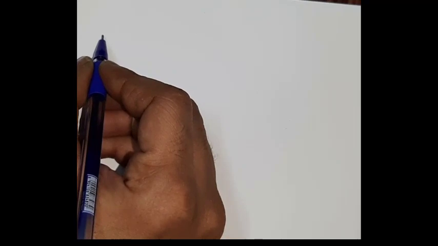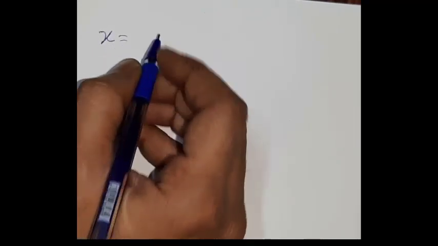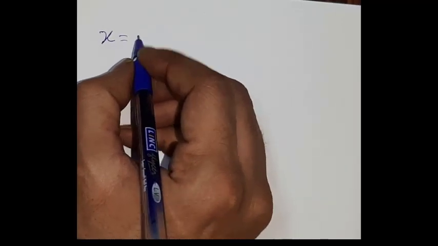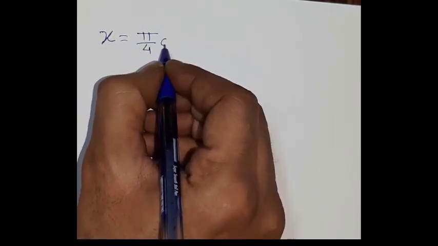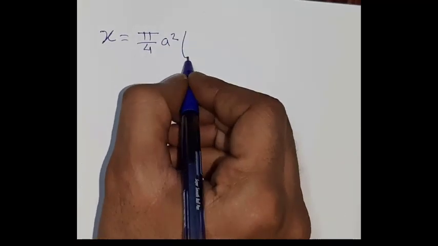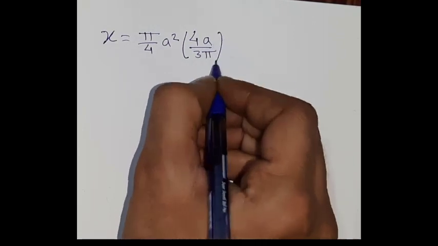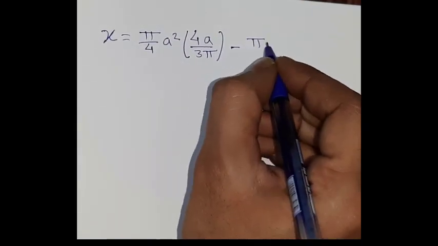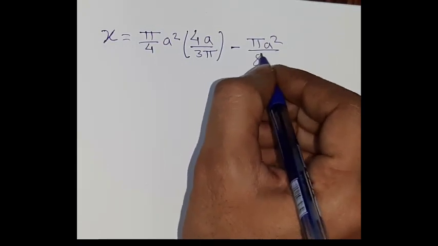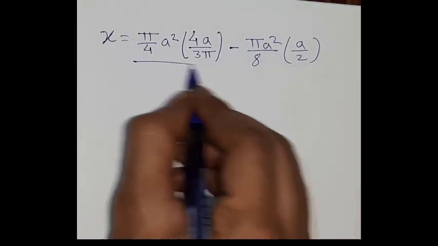Putting the values of all the variables, x can be written as: a1, that is pi by 4 times a square, into the value of x1, that is 4a divided by 3 times pi, minus the value of a2, that is pi a square by 8, times the value of x2, that is a by 2.